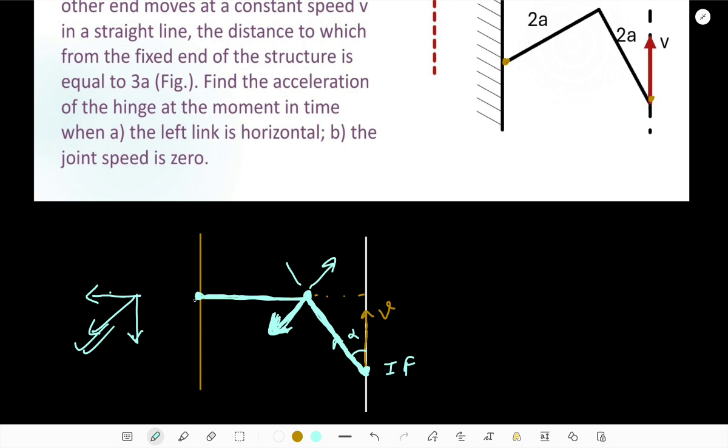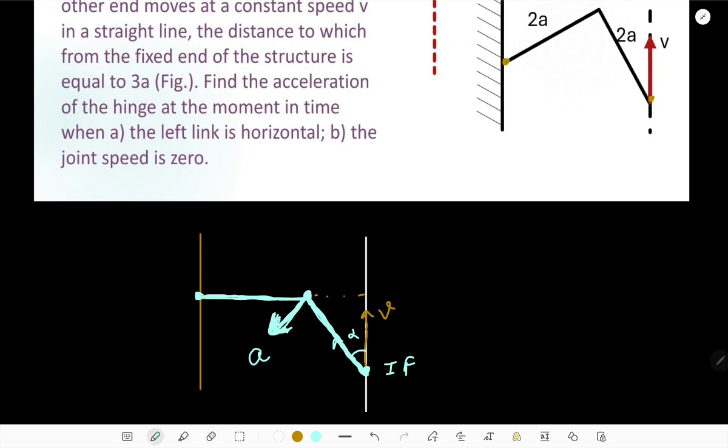That means with respect to this point or with respect to this moving observer, the acceleration is the same, and the acceleration of the hinge in the first case is this, when the left link is horizontal. So I guessed all those things. The acceleration is in this direction.